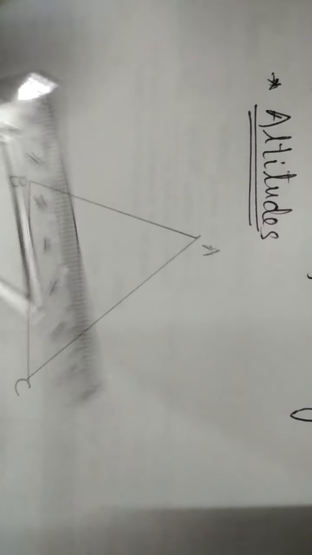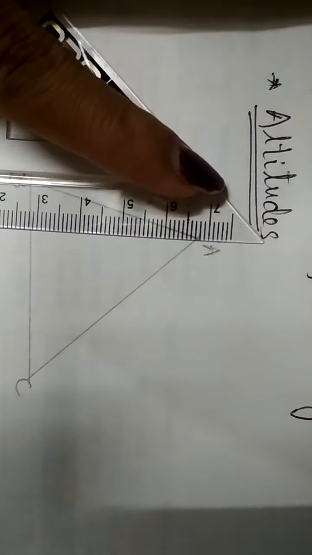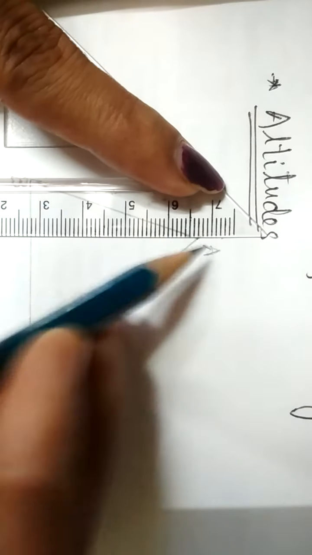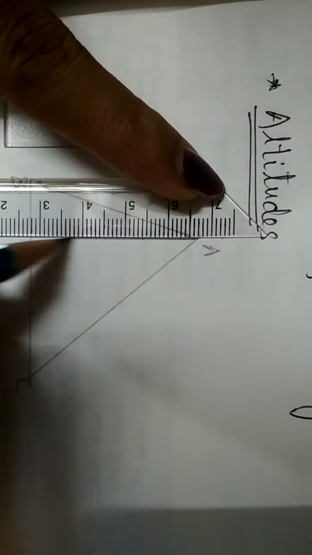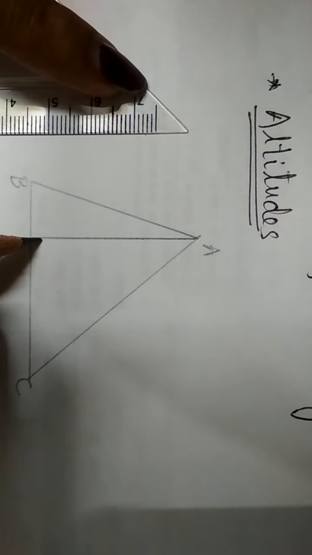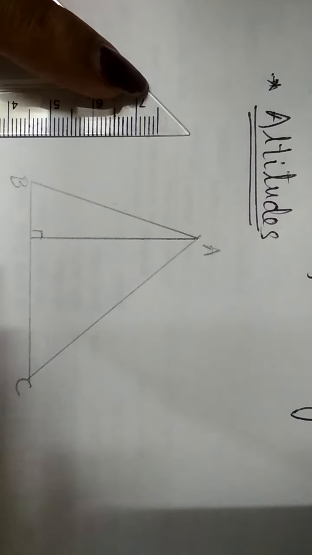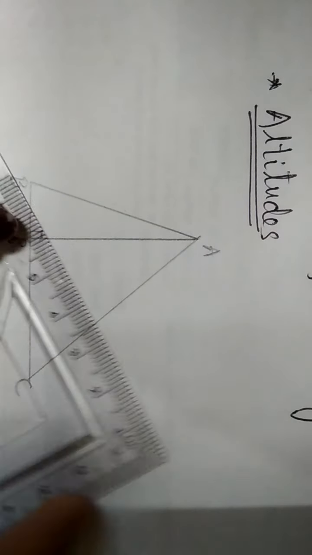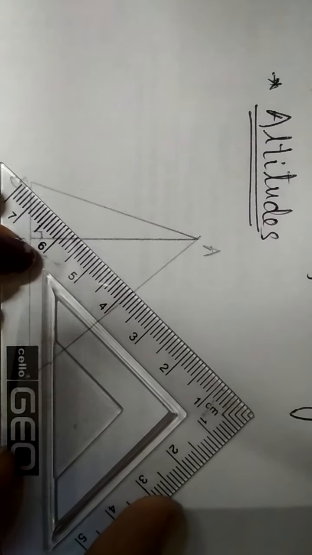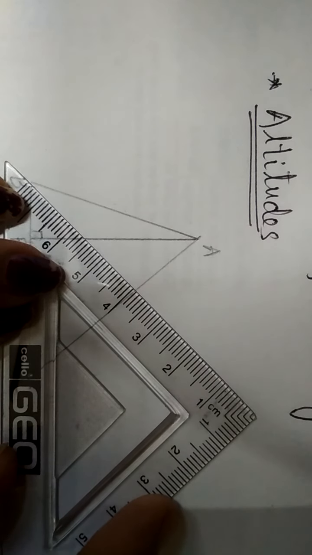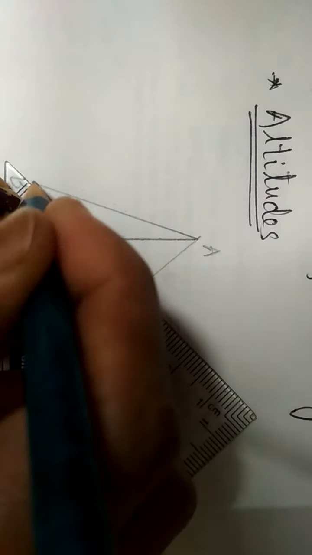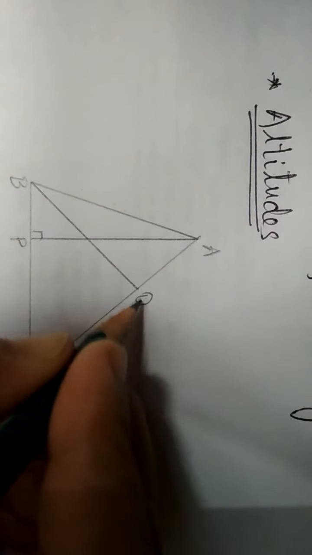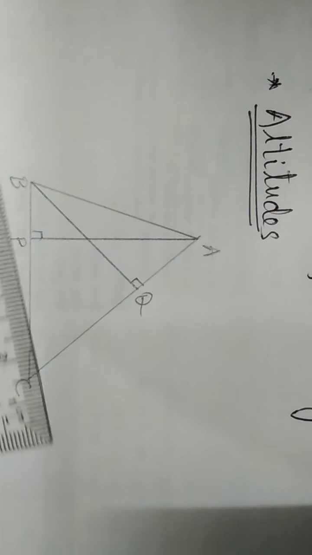First, you will take the set square from the vertex A to the base, put a line on that, make it a 90 degree angle, and name the foot P. Similarly, from vertex B we will draw the altitude to the base, name it Q, and mark the 90 degree symbol.